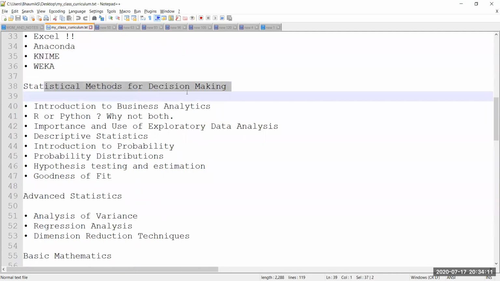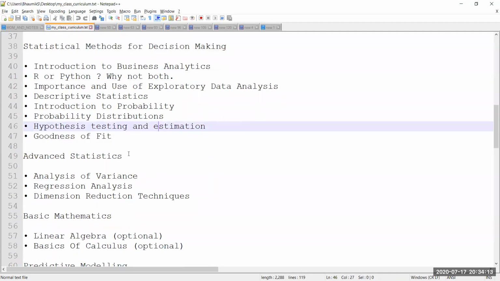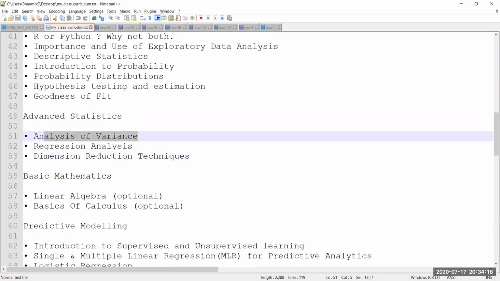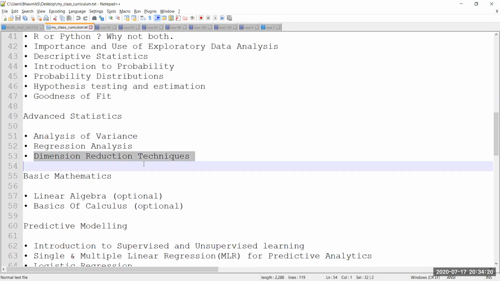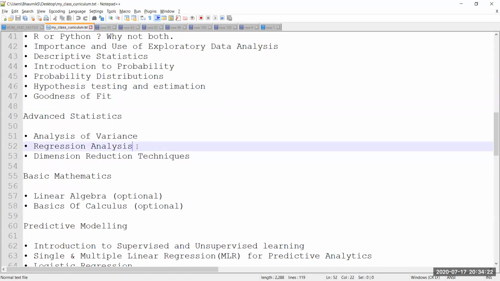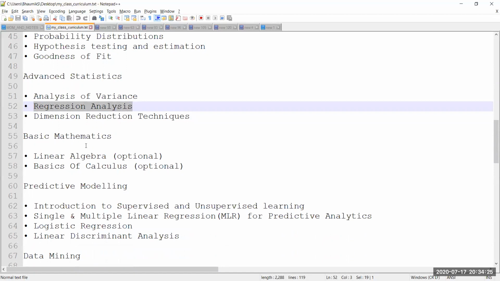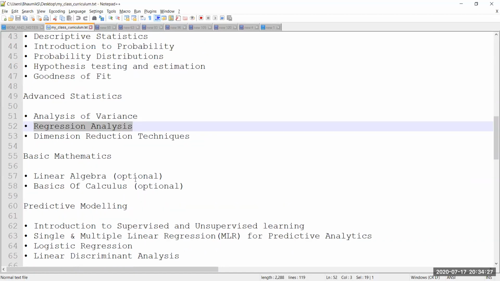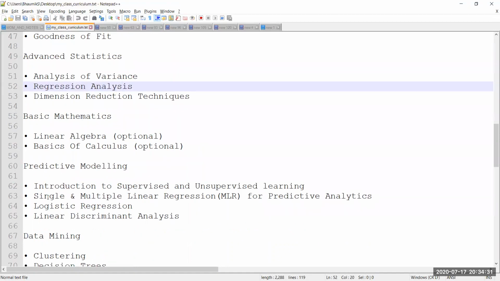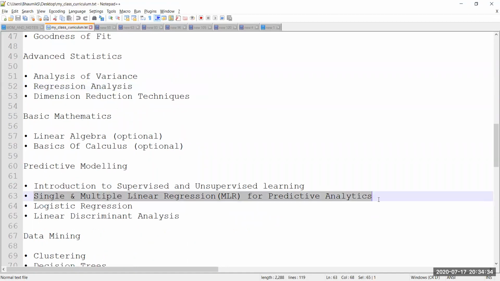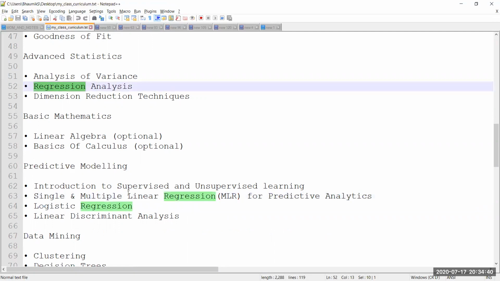We have already done the statistical methods for decision making, and in advanced statistics we have done analysis of variance. Before we do dimension reduction techniques, we are going to look into regression analysis first. Regression analysis is also part of predictive modeling, where you see linear regression; the two are actually the same.